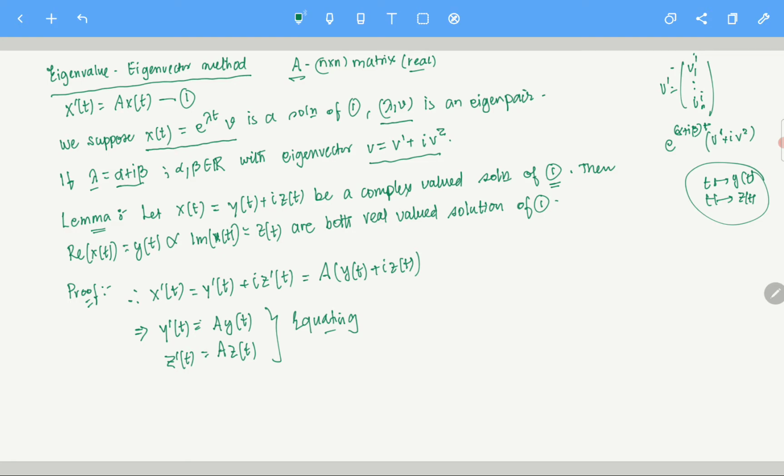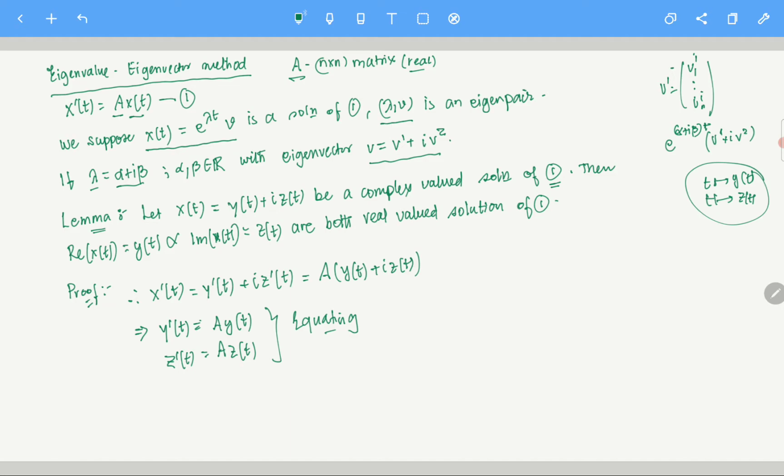Because A is a square constant matrix, and x is differentiable, x is continuous. So A times x of t is continuous, so x prime of t is continuous. So x is complex C1, which is basically holomorphic, so x is an analytic function, that's all.